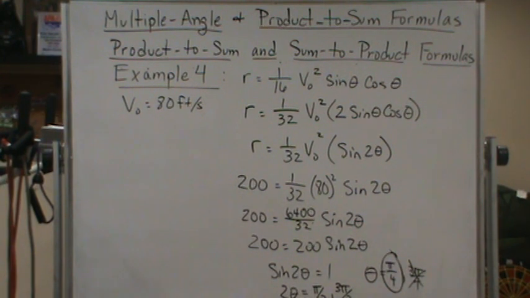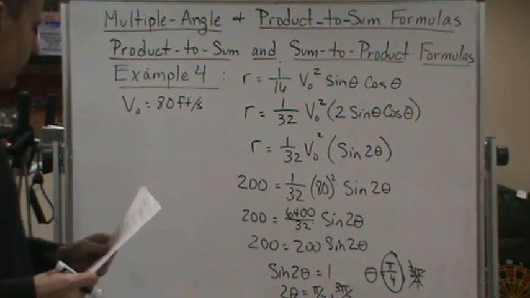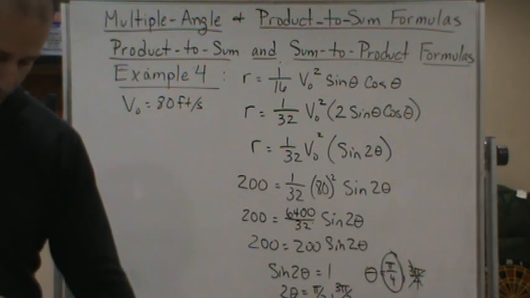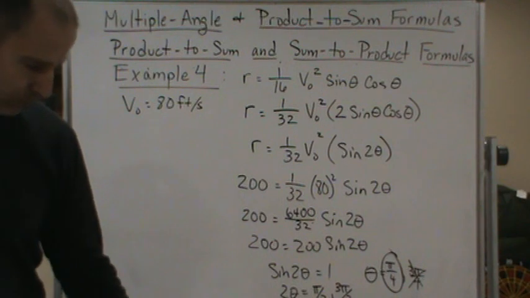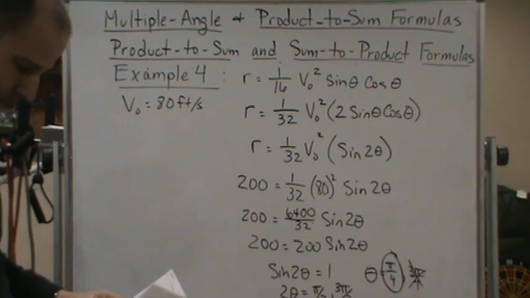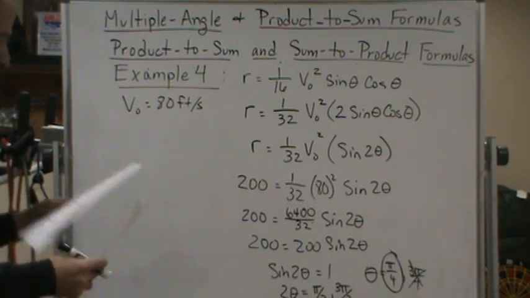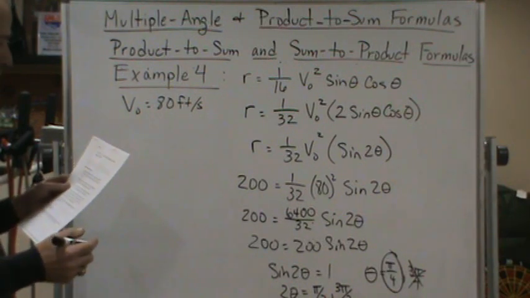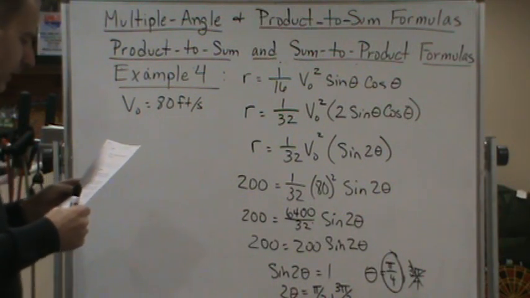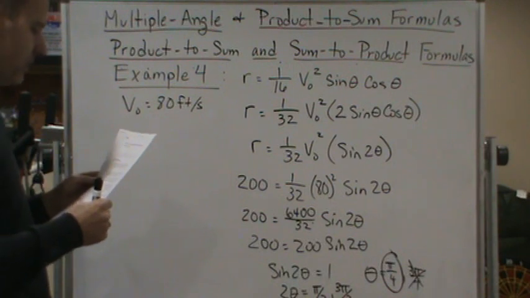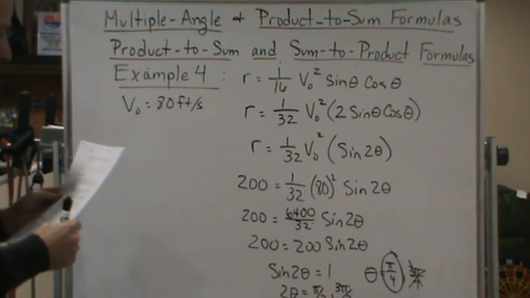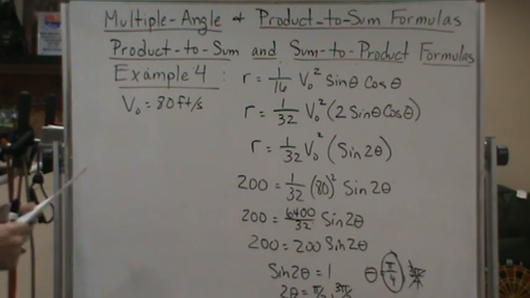Now, this is a checkpoint, so I'm going to just do it in the same video here. It says, in this example, for what angle is the horizontal distance the football travels a maximum?